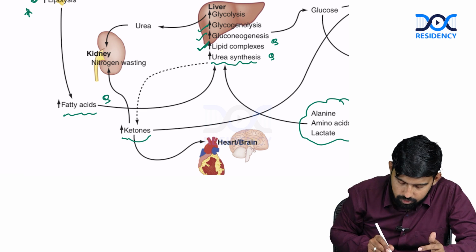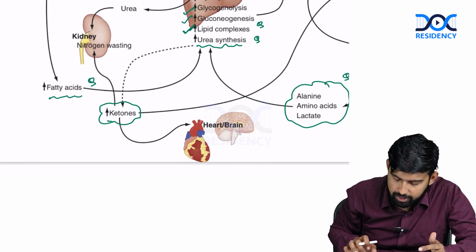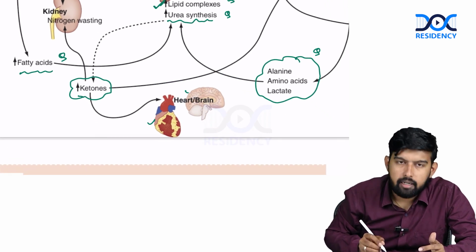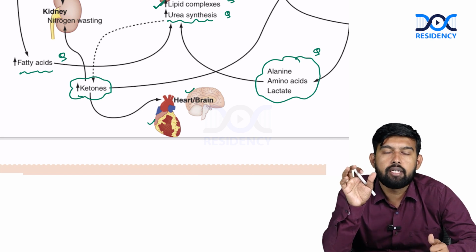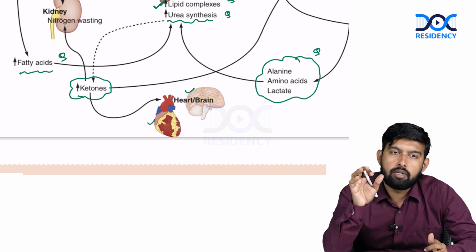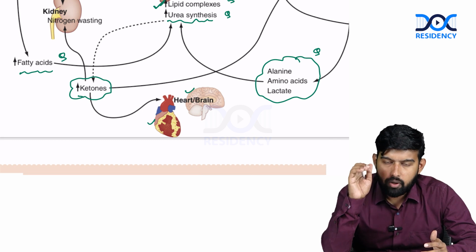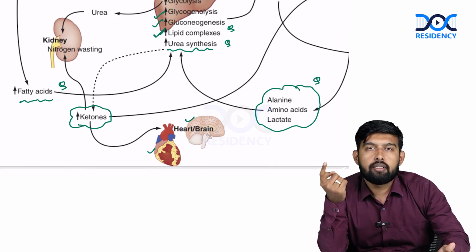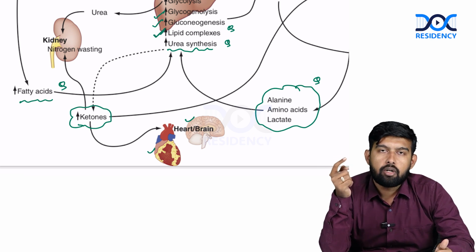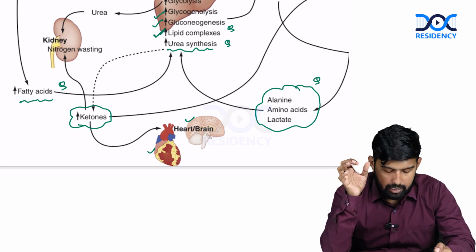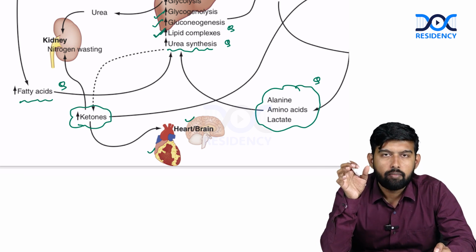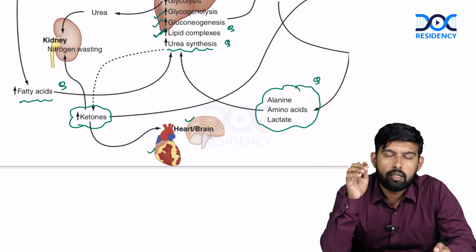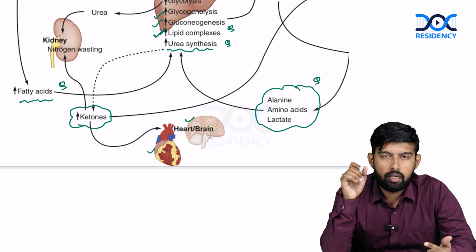And these ketones can also be utilized by the heart and the brain as a source of energy during starvation. But the requirement of energy is very high after trauma or surgery. So because of that, the metabolic response to injury or trauma includes the lowering of the ketogenic adaptation.